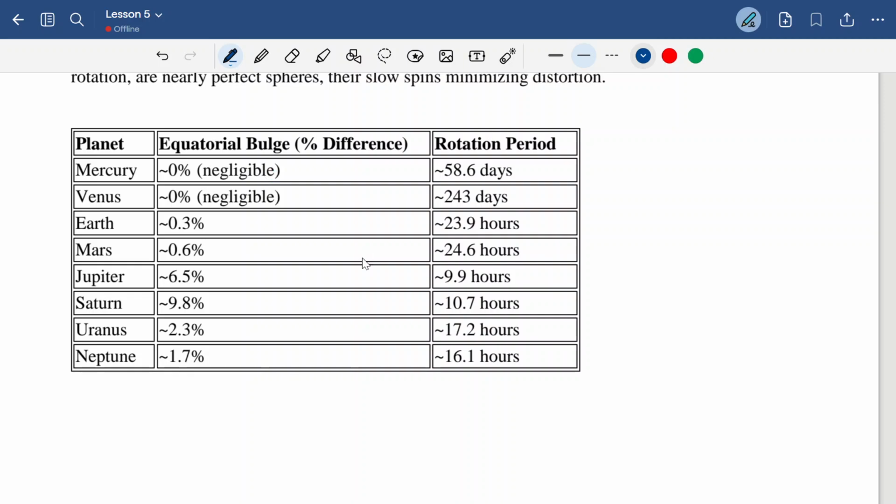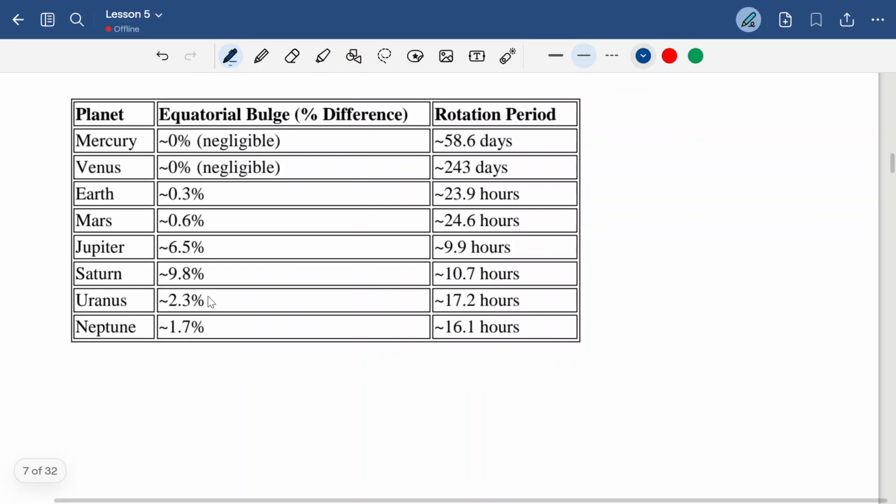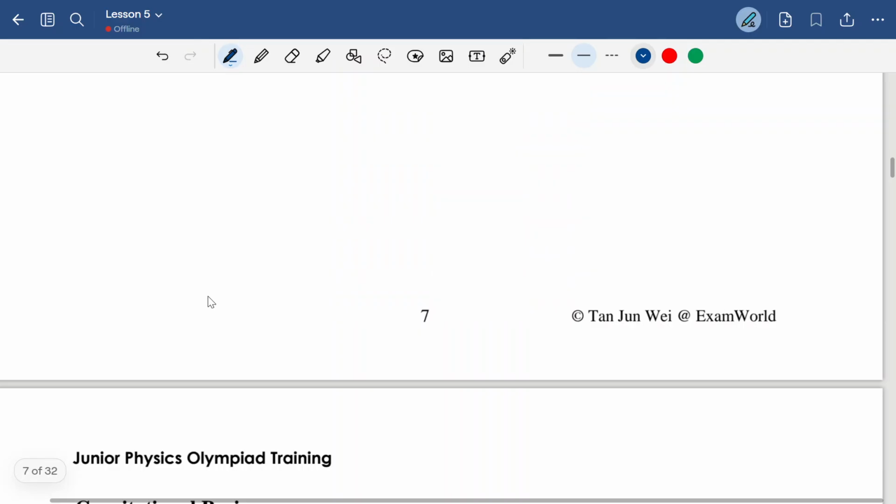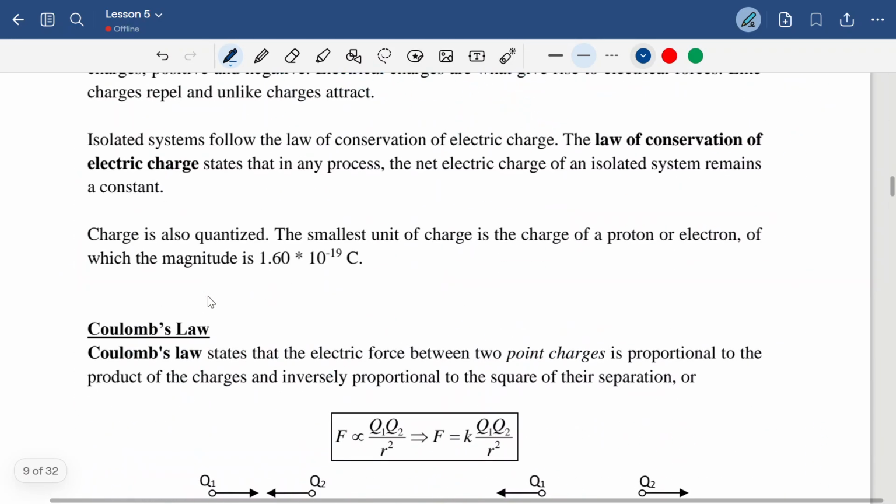And as these planets rotate, you can see that the rotation period of Jupiter is very, very short, so it bulges a lot more. So these are all the different planets for you to see. Okay, let's go through some Olympiad questions.